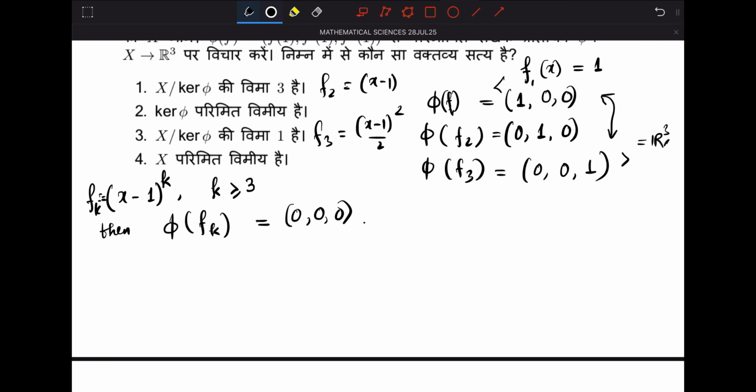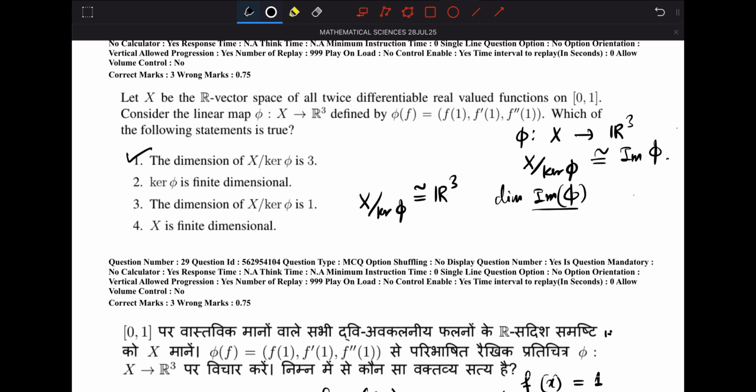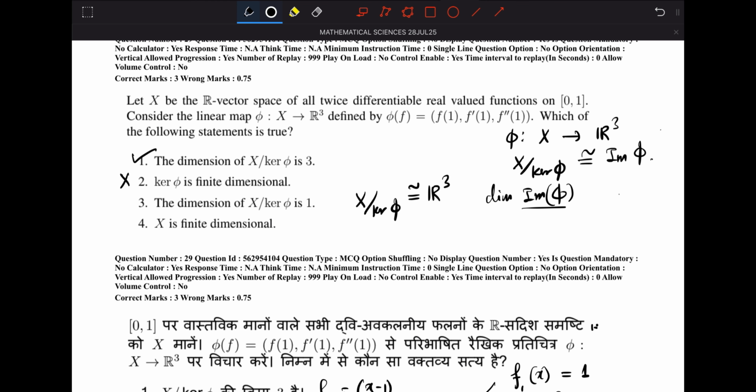So fk are inside the kernel, and these are clearly linearly independent for different k's. So this option is not correct, as we calculated the dimension of X mod kernel phi is 3. So this is also not correct. Is X finite dimensional? No, of course not.